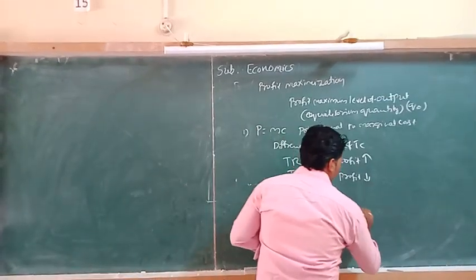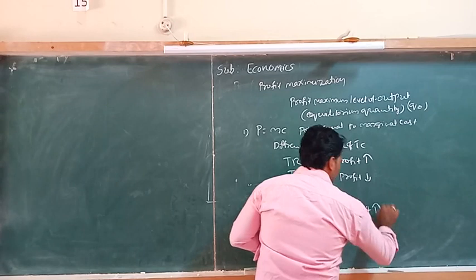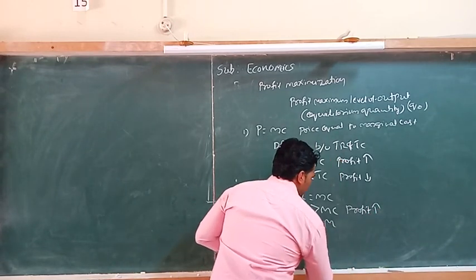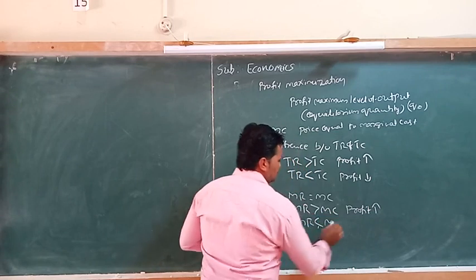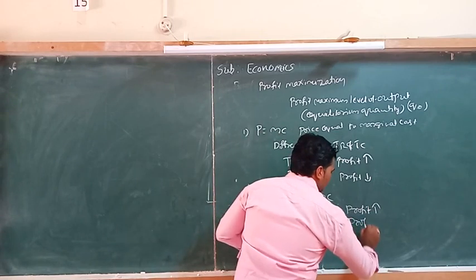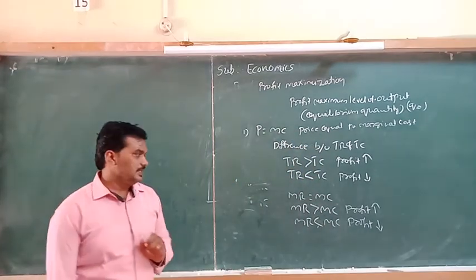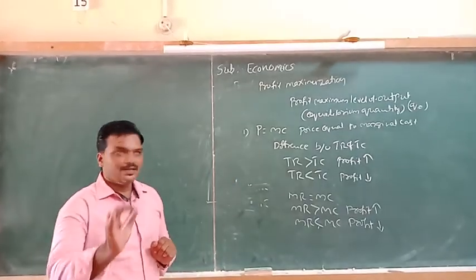As long as MR is less than MC, the profit is decreasing.